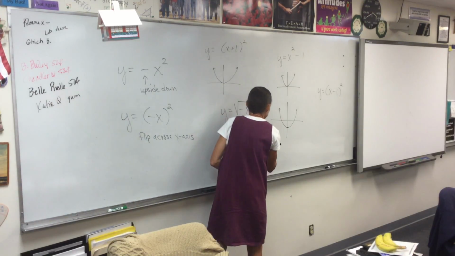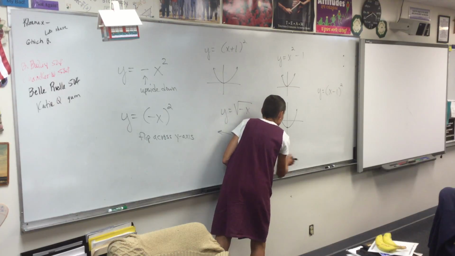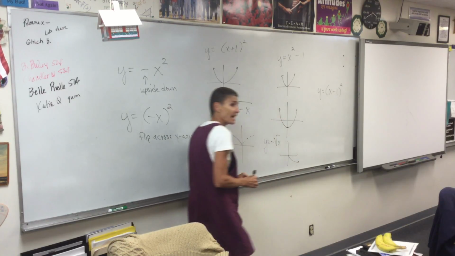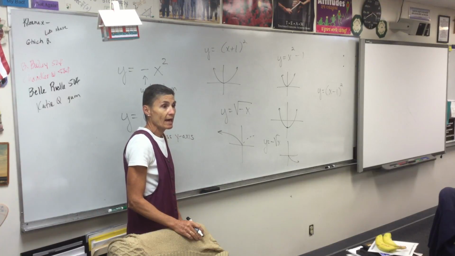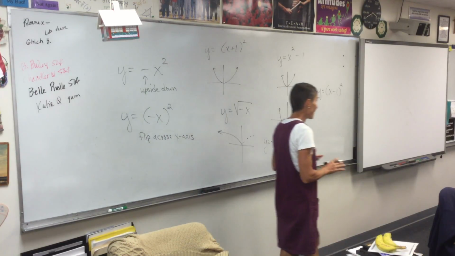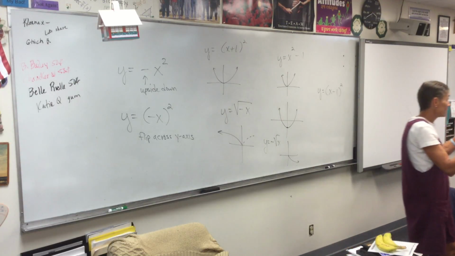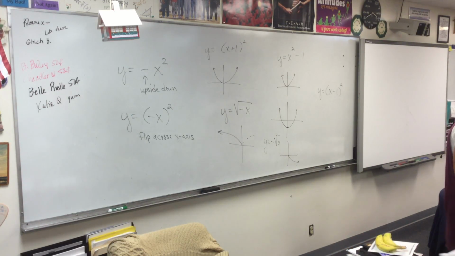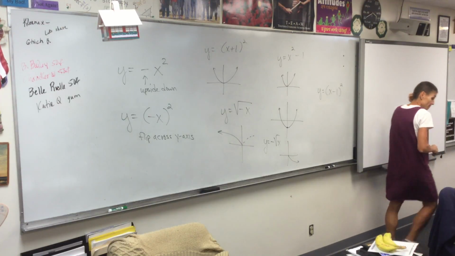If I did negative root x, it would flip it upside down and it would look like that. Okay? So, adding and subtracting picks you up and moves you. Negatives flip you around, either up and down or sideways.